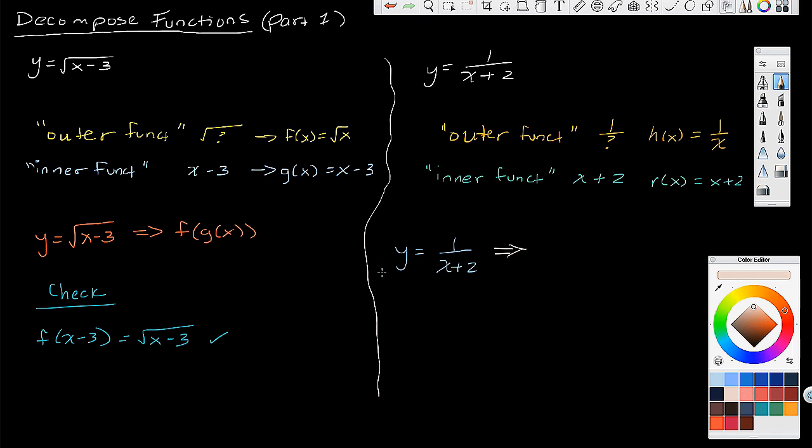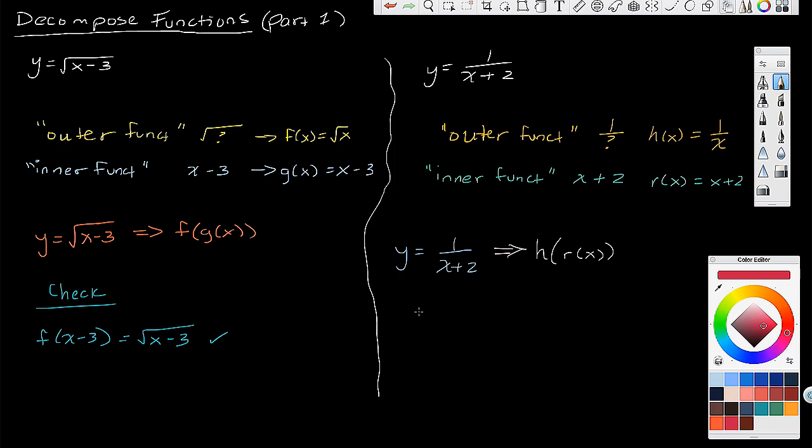I'm going to have my outermost function. The overall structure is a fraction, so that's going to be h of x. Now what's going to go inside, or what is h evaluating? Well, it's going to evaluate the x plus 2, which I'm calling r of x. So this is going to be h of r of x.